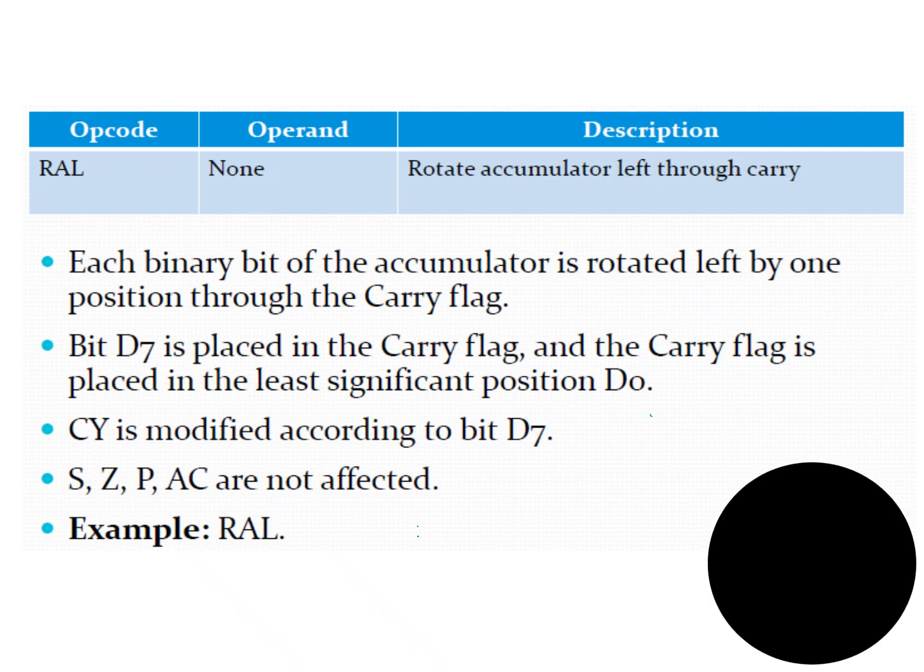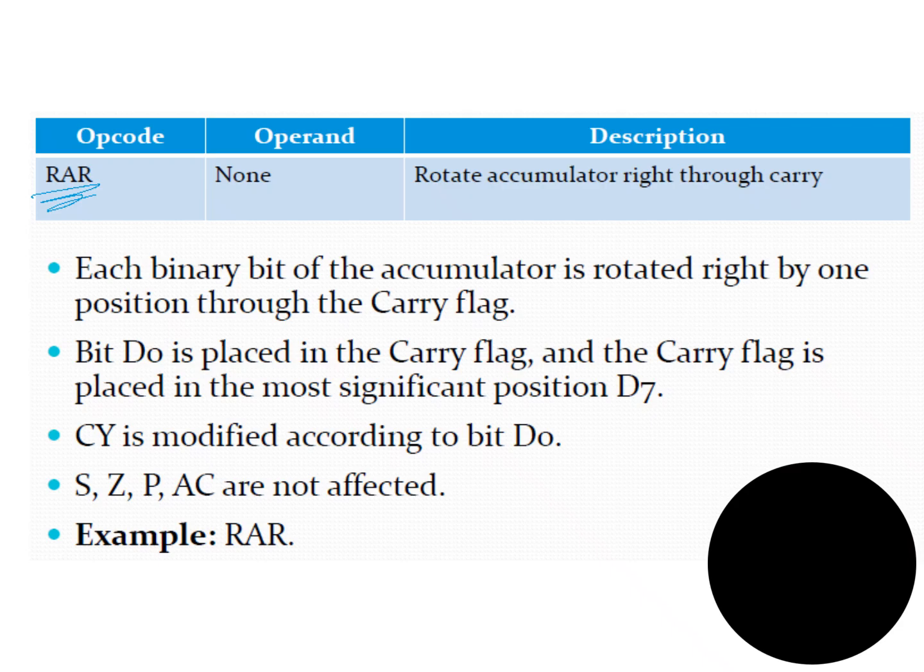And RAL. RAL is nothing but rotate accumulator left through carry. Through this operation, the bits D0, D1, D2, D3, D4, D5, D6 are shifted. So this is rotate accumulator left through carry, and RAR is rotate accumulator right through carry.